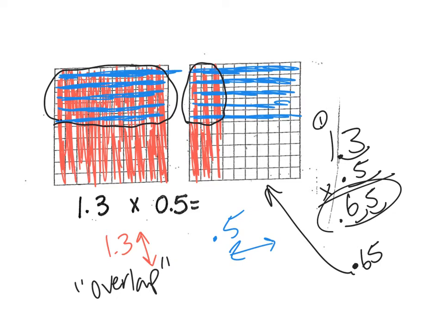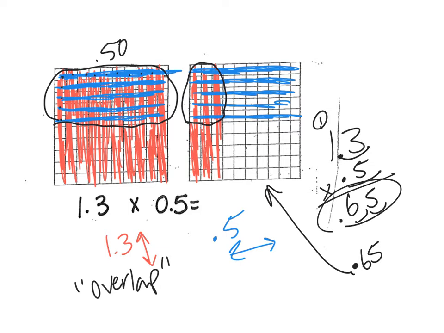So if I count, that's 1, 2, 3, 4, 5. And then going across, it's 1, 2, 3, 4, 5, 6, 7, 8, 9, 10. So if I do the math, how many are here without having to count them all, it's basically 5 times 10, which is 50. So there's 50 hundredths overlapped over here.